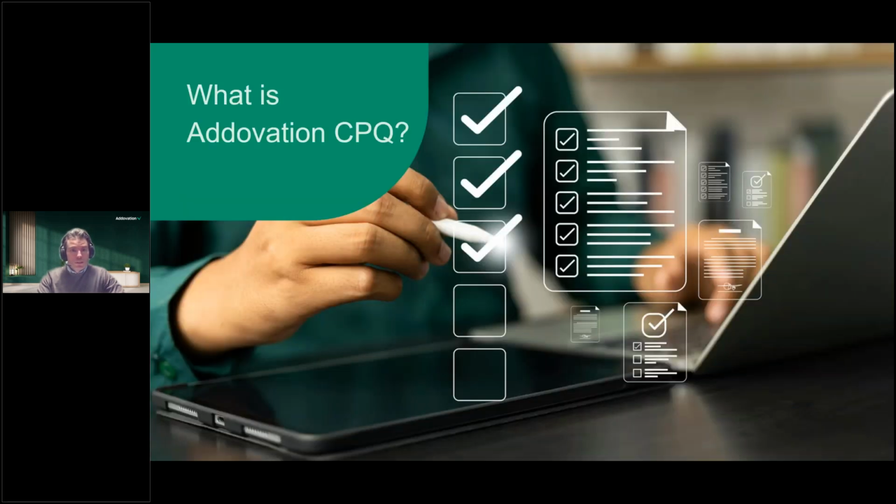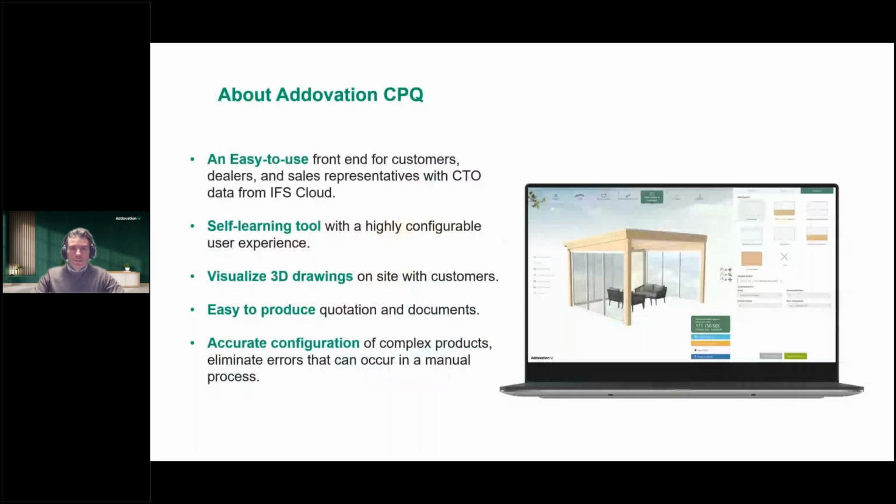And with that short little introduction, we'll now go into the main topic of the day, and of course that is Addovation CPQ, and start with a little introduction of what is CPQ. Well, it stands for Configure, Price, Quote, and it's a solution for companies with complex or configurable products.